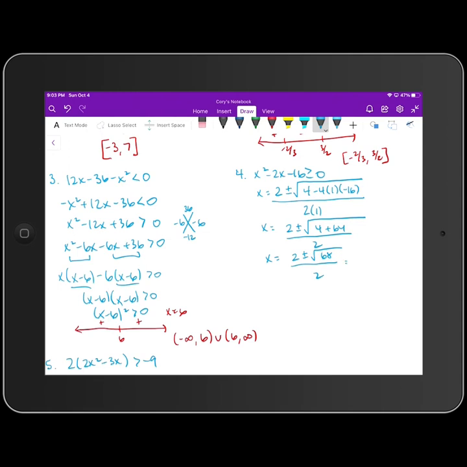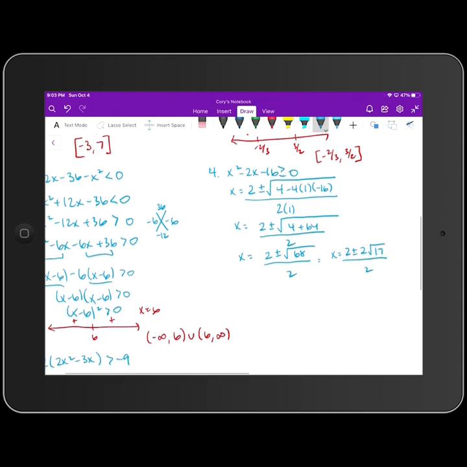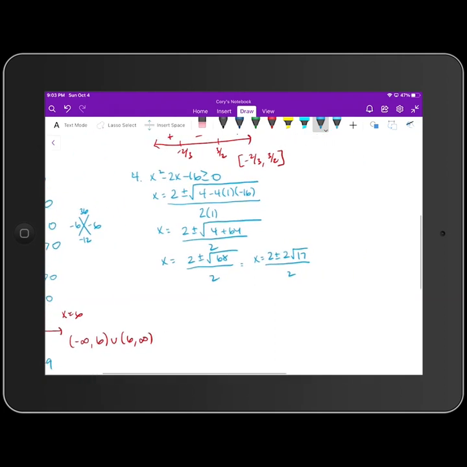And then we can rewrite this here as x is equal to 2 plus or minus rad 68. I can break that up into rad 4, which is 2 times rad 17, all over 2. And then if I factor a 2 out of the numerator, we get 2 times the quantity 1 plus or minus rad 17 all over 2, and then we can cancel those factors, okay?